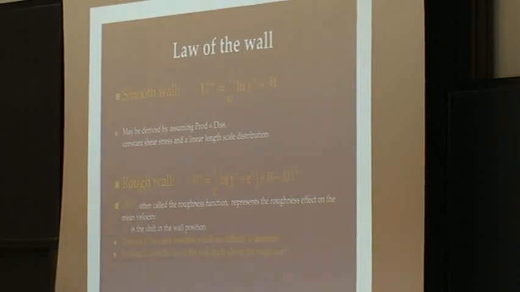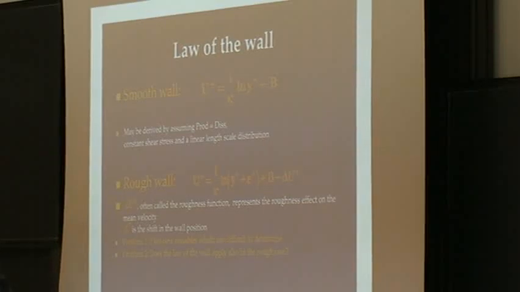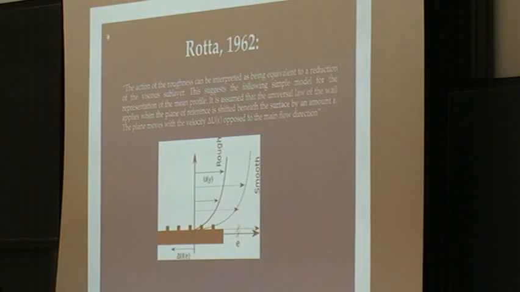So you need to match three regions, which means that you will have two matching points, and two matching points will be depending on K, the length of K with respect to the viscous length scale, and K with respect to the outer layer scale. And as far as I know, no one has actually attacked this problem and proven that we do have a log law. If we don't, then we do, of course, have a problem because we're trying to match our data to a log law, which we are not completely sure exists.